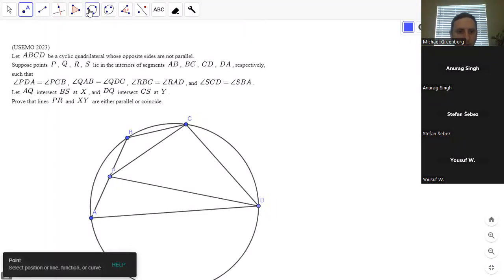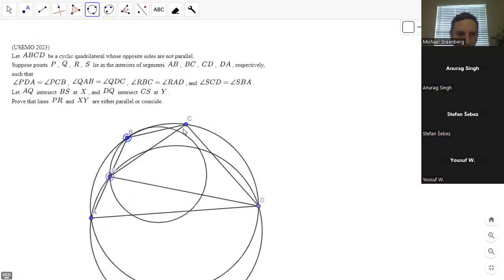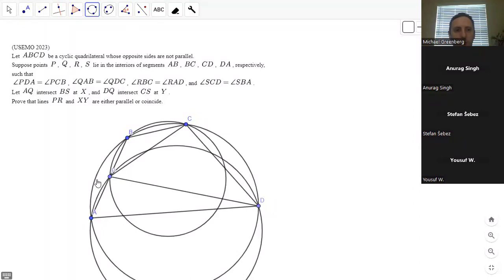I mean, it's not exactly correct, but intuitively. So if those angles were equal, then if we drew this circle and this circle, it would basically mean the tangent at A to this circle and the tangent at B to this circle would make an isosceles triangle.